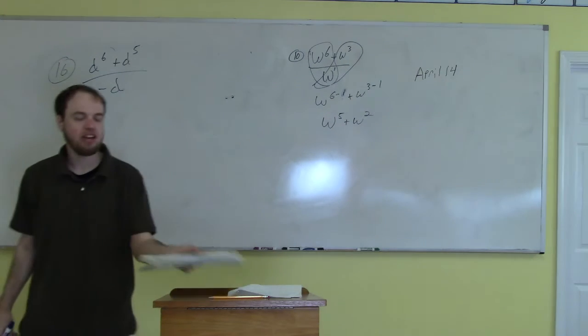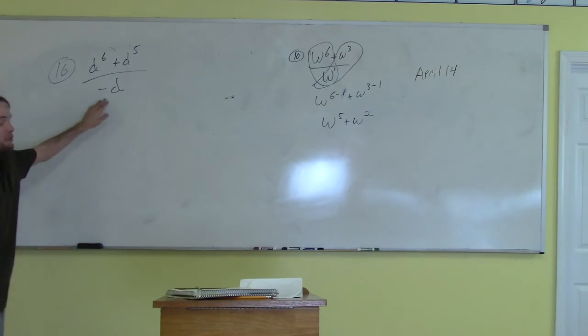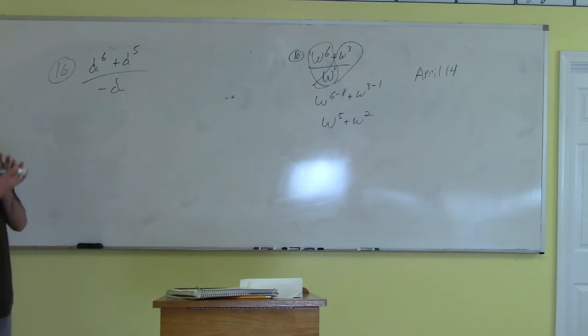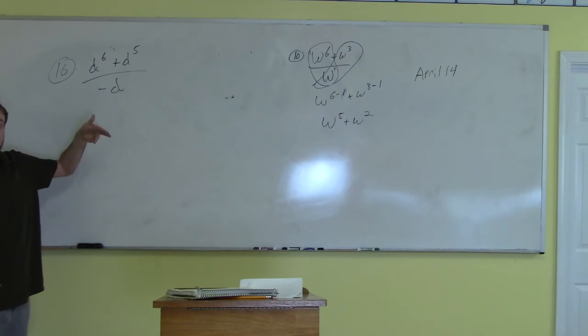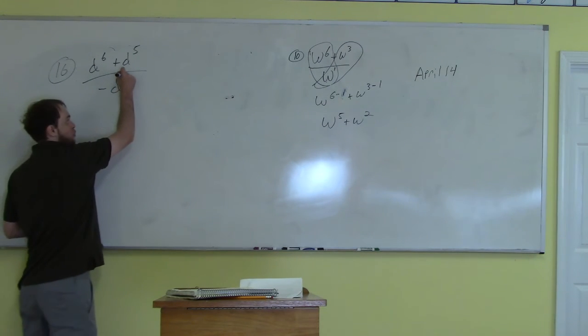Okay, so the first thing here, notice that we have a variable on the bottom, so I know when I divide I'm going to be subtracting the exponents. Also notice that the d doesn't have the exponent written, so it's just d to the first, understood 1.